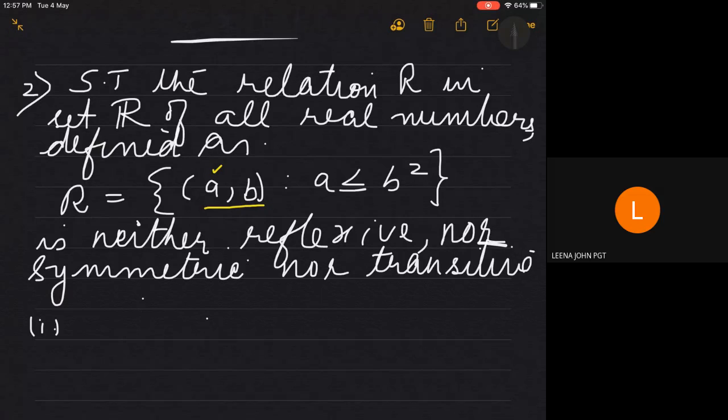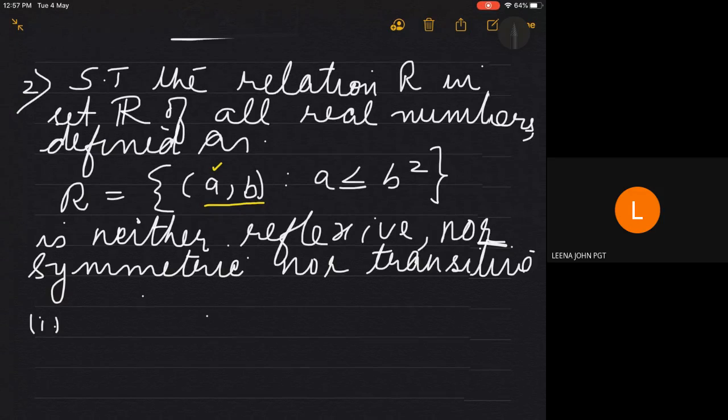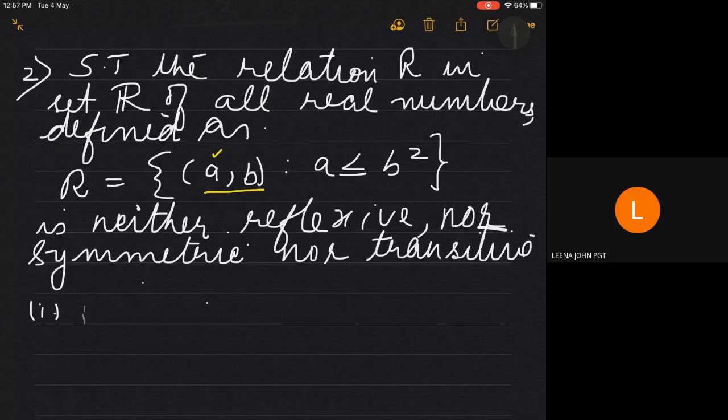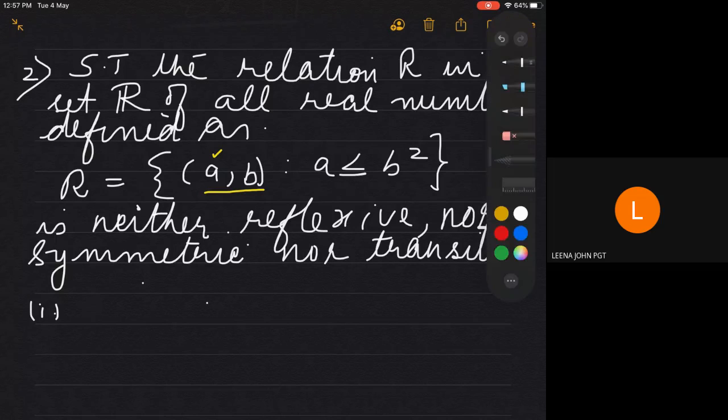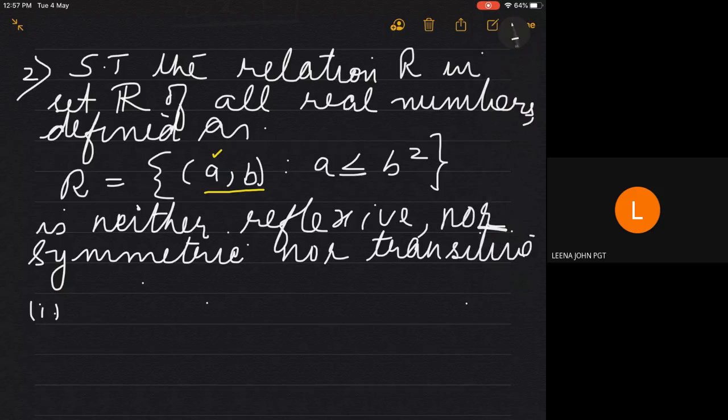And if it is not reflexive, you have to give a counter example, a particular example which shows that R is not reflexive. So first you take reflexive.